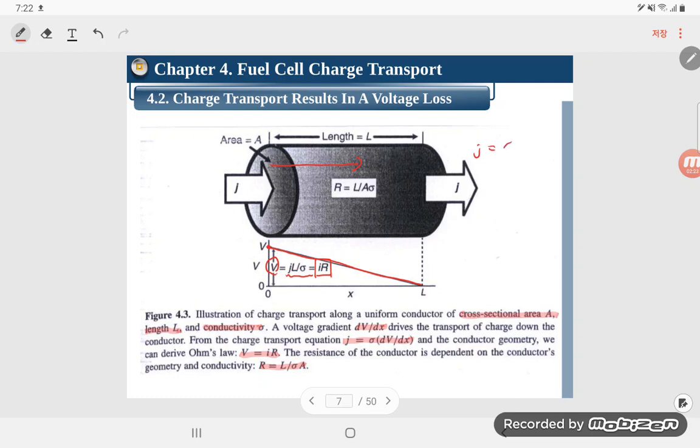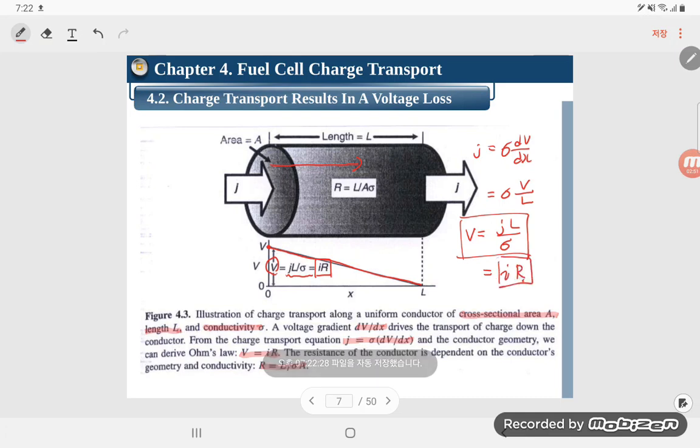J equals sigma dV/dx, and in this figure it has a linear relationship, so V over L. So the voltage is rearranged like this, and this equals IR.